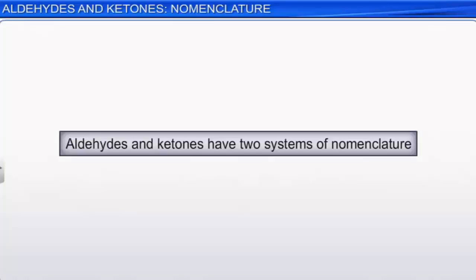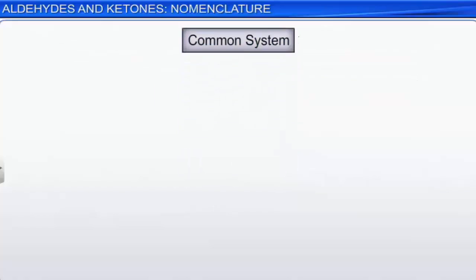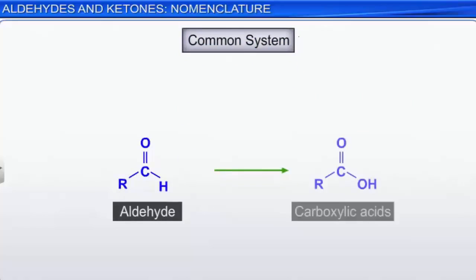Like other organic compounds, aldehydes and ketones also have two systems of nomenclature. They are the common system and the IUPAC system. The common names of aldehydes are derived from the names of the corresponding carboxylic acids that they form on oxidation.